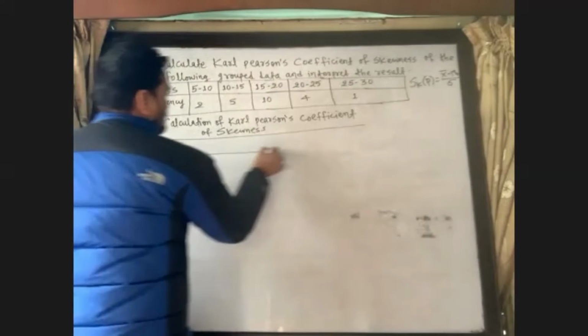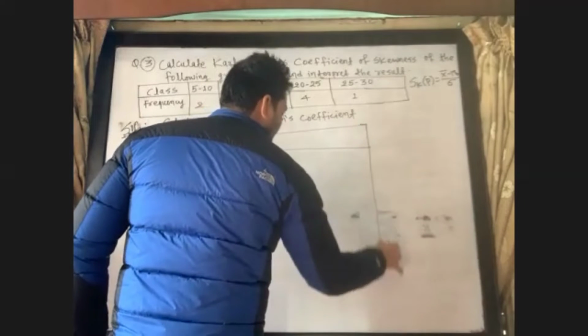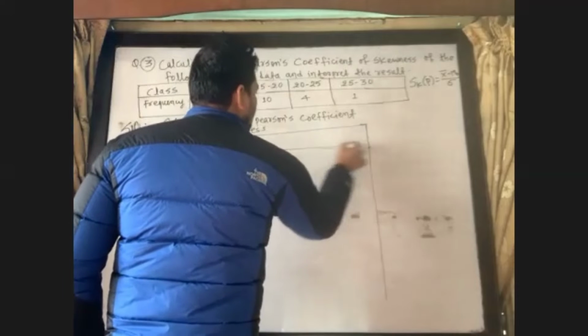First my class interval given, so that is CI. Okay, you can write your class interval. And then what is given here? Frequency given. Okay, frequency. That is F. F is also given. So let's write here.